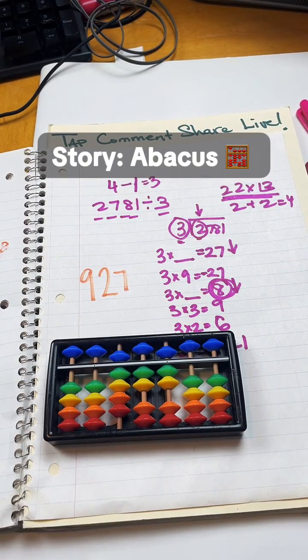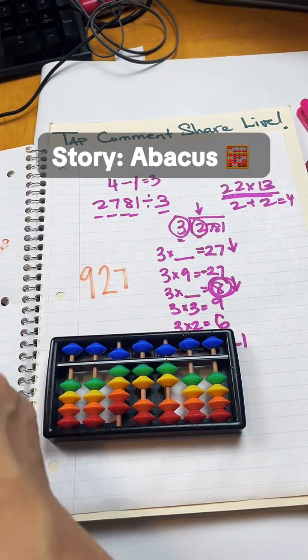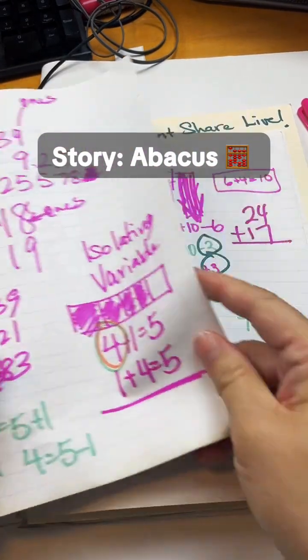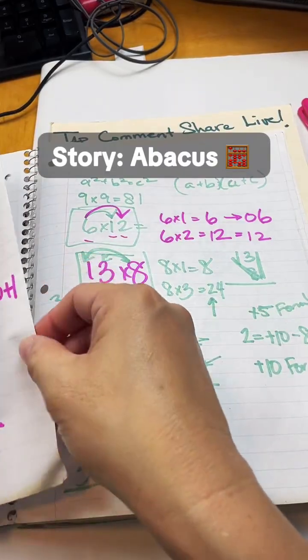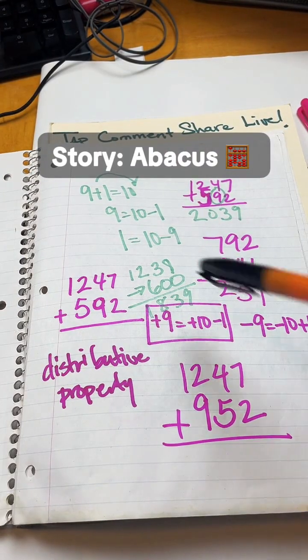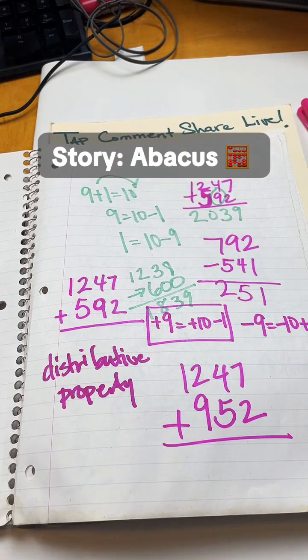When the kids have to make a 10 and make a 20 and all these strategies, I think it gets too confusing. This, I think, is super confusing. I believe it's too much for anyone to do. But if you're a genius and you do this, then you do you.